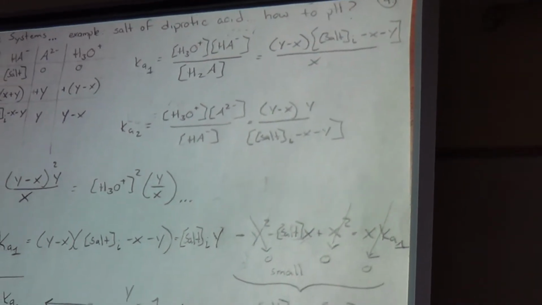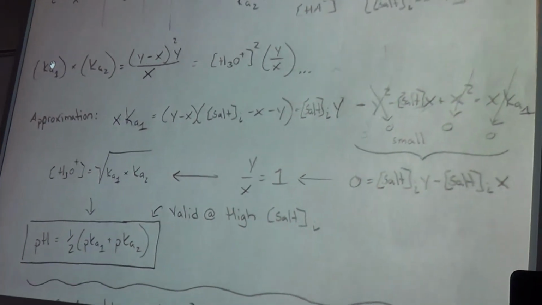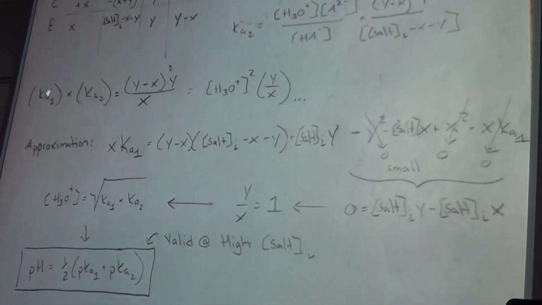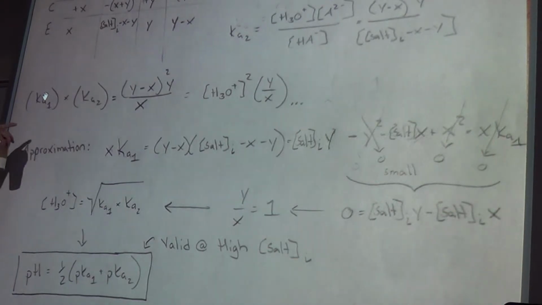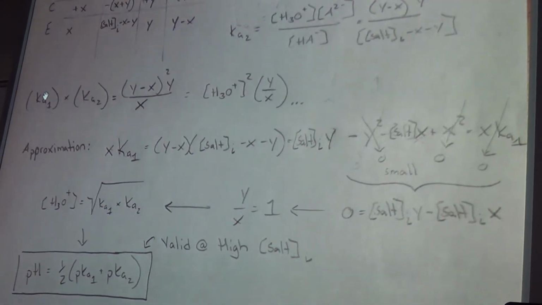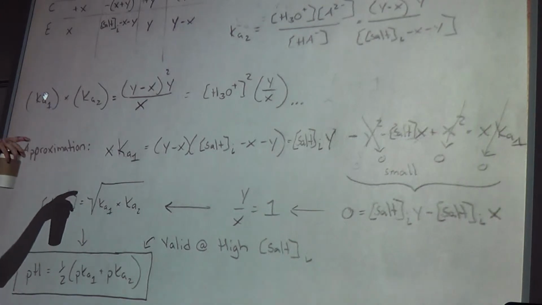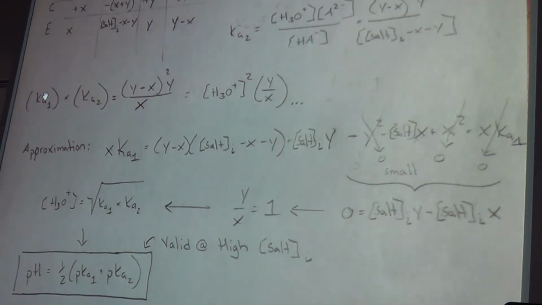Multiply those two expressions together, and the terms for conc HA minus cancel out, and you get that Ka1 times Ka2 is equal to Y minus X squared over, or times Y over X. Conc Y minus X is conc H3O plus, as defined in our ice table, so Ka1 times Ka2 is conc H3O plus squared times Y over X.